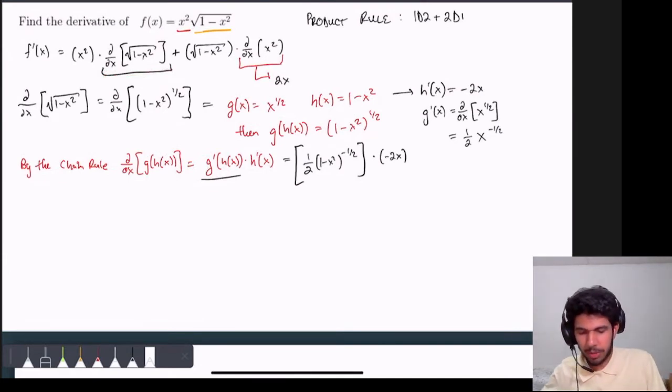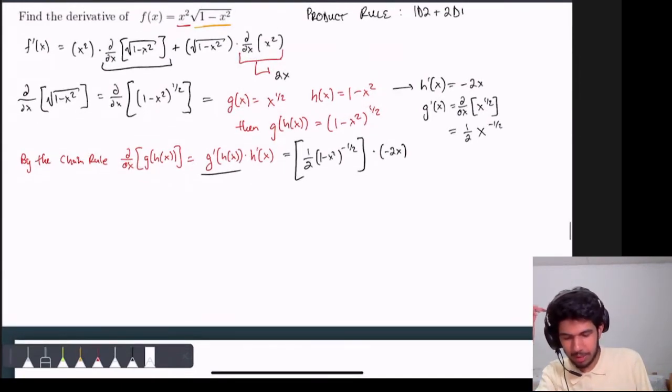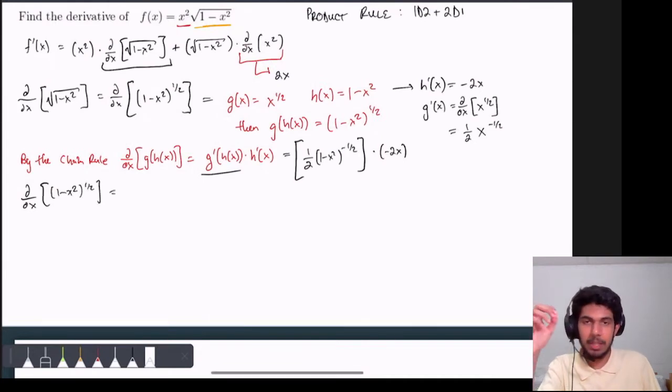And now, quickly before we go back and substitute it back in, because we still have to simplify this product, let's just try computing the derivative of 1 minus x squared to the 1/2 using the chain rule, but the quicker way. So we ignore the inside part, which is the 1 minus x squared, and we take the derivative of the outside, which is that 1/2 power.